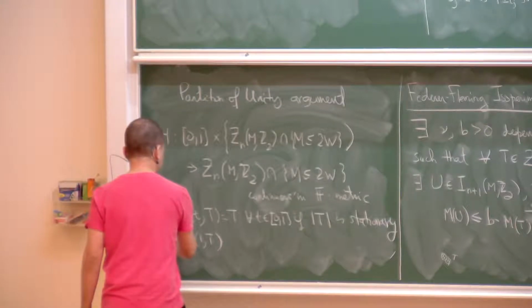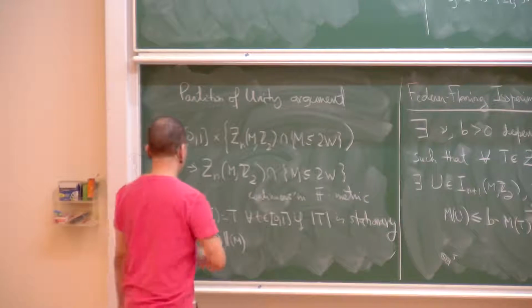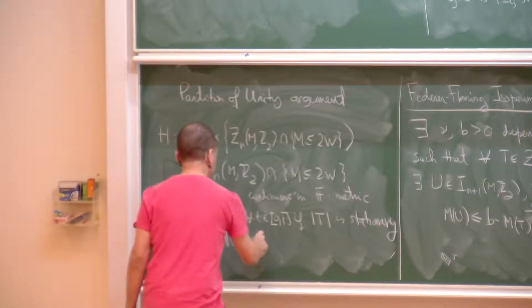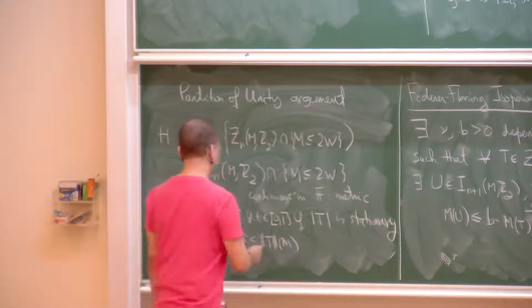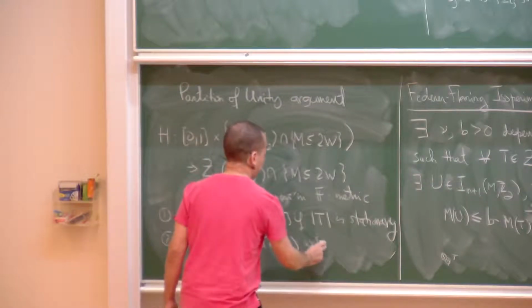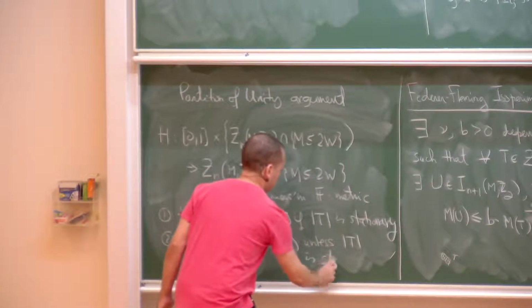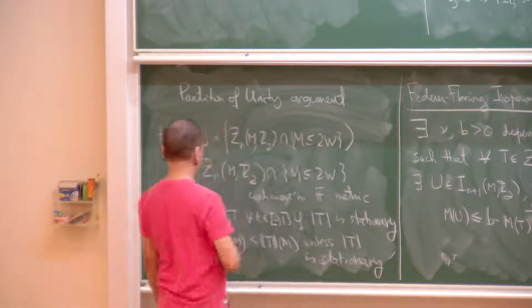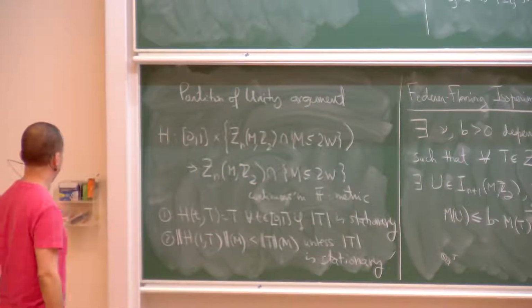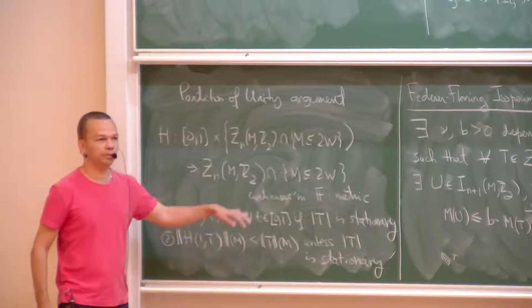So the total mass of H of 1, T is going to be strictly less than the original mass, unless, of course, T is stationary. Okay? So these are properties which are very similar to Birkhoff's curve shortening flow.